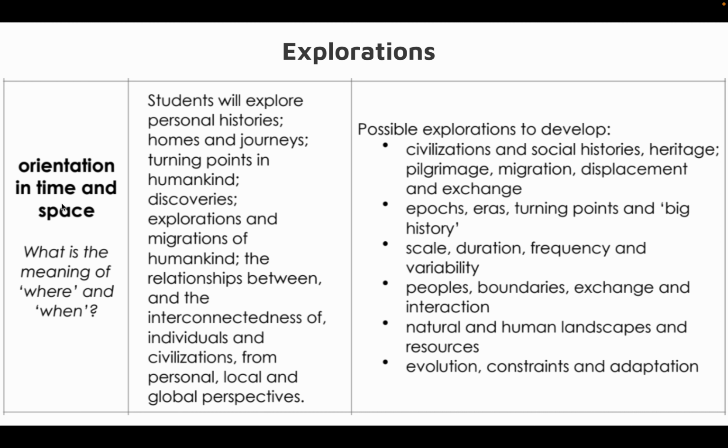So for orientation in space and time, there's an explanation of some of the things that students can learn, and then the explorations are more specific. I might be teaching a unit under the global context of orientation in space and time, but the students will mostly be learning about civilizations and social histories and heritage.